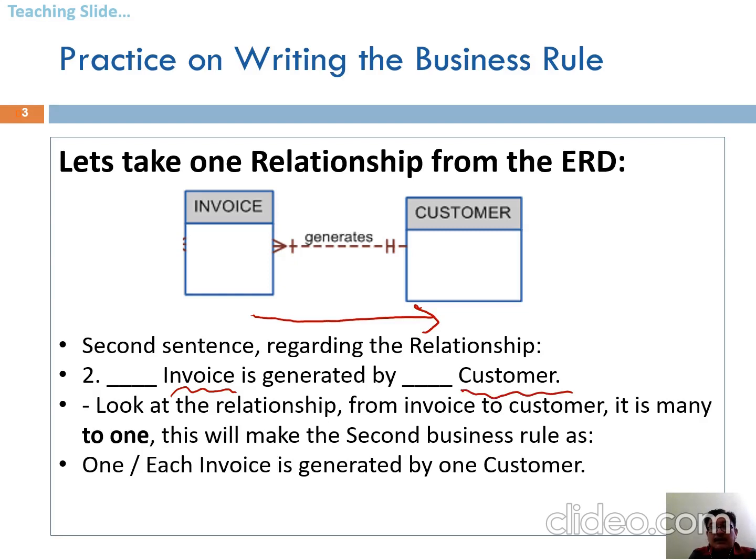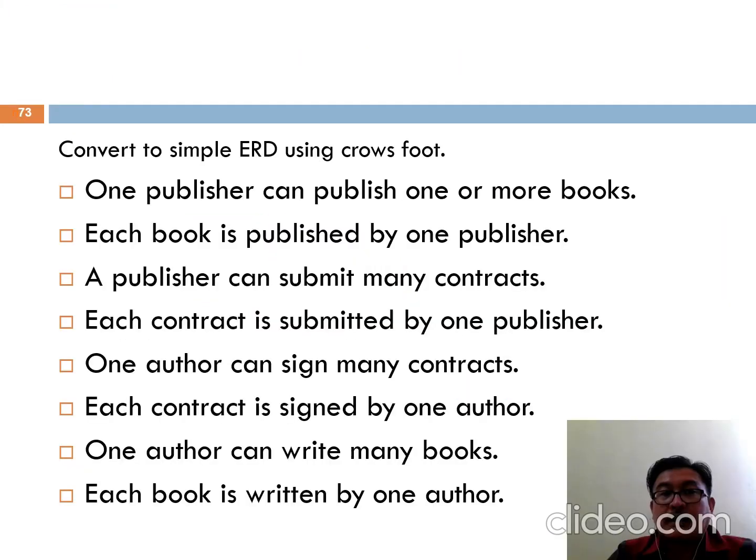The relationship is many to one. This end is many, and this end is one. So we concentrate on the one on this end. We can say each invoice is generated by one customer, because the n is 1.